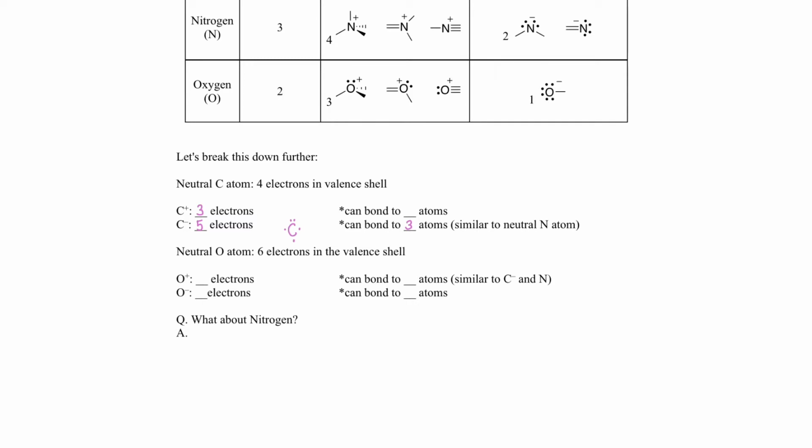With neutral oxygen atoms, there are 6 electrons in their valence shells. With an O+, we're removing 1 electron, so it's 5 valence electrons in the cation, and we're adding 1 electron for the anion, so that's 7 electrons in the anion. Let's first look at the cation. It's 5 electrons.